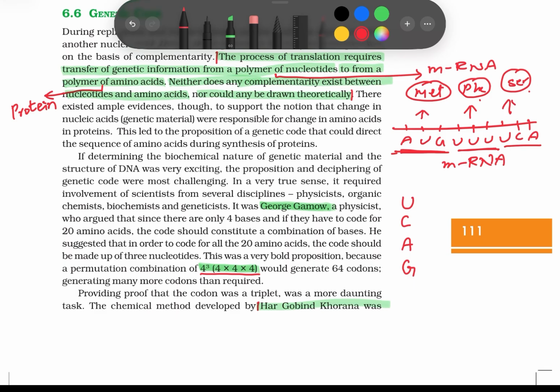If these are triplets, forming codons with 3 nucleotides respectively, then it generates 64 codons, 4 into 4 into 4. You know that out of 64, 61 are coding for amino acids, remaining 3 are not coding for any amino acids. 61 codons are sense codons and remaining 3 codons are nonsense codons.